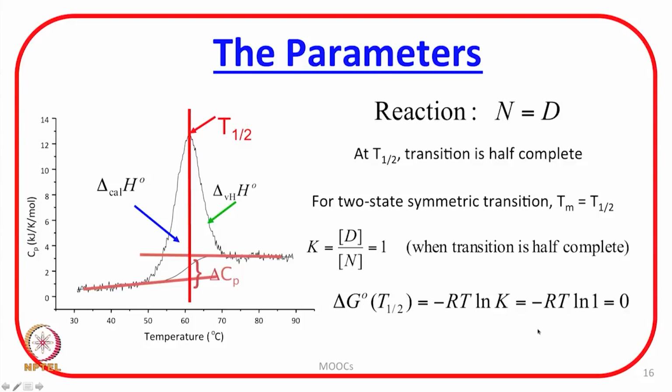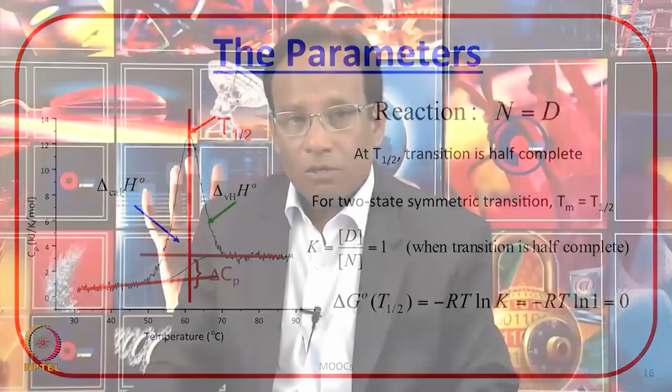And this information, that delta G naught at transition temperature T half, let us remember, we will call this the transition temperature. If delta G naught at transition temperature is 0, we will use this information extensively in getting the temperature dependent thermodynamic quantities, especially related to the folding unfolding processes in proteins.